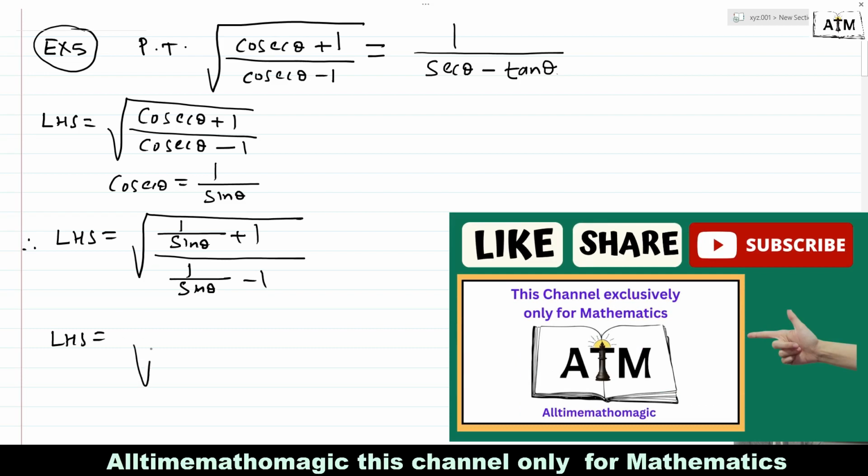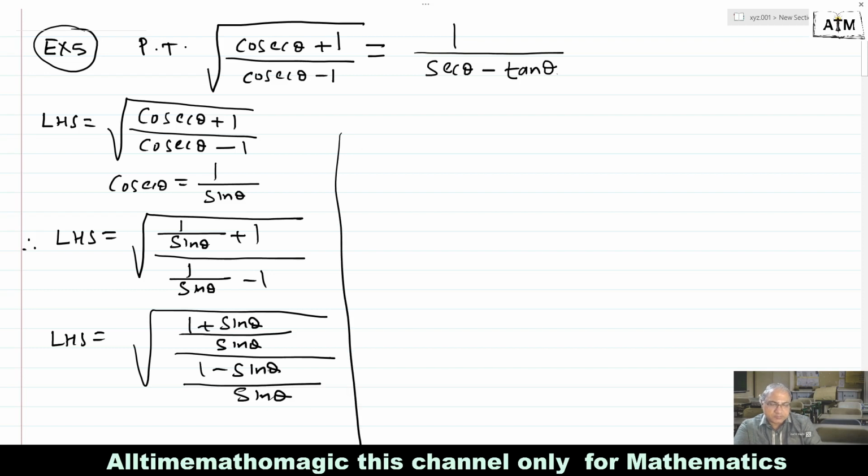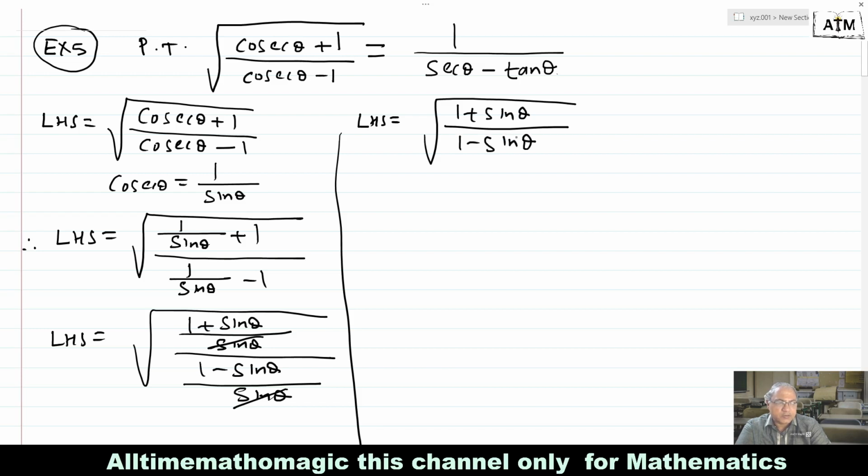LHS equals 1 plus sin theta upon sin theta divided by 1 minus sin theta upon sin theta. This and this cancel out. Therefore, LHS equals 1 plus sin theta upon 1 minus sin theta.